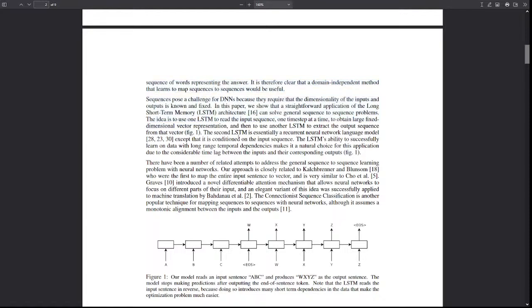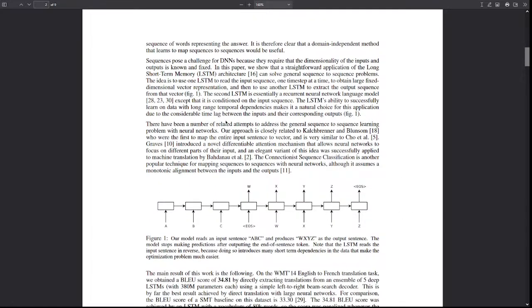The idea is to use one LSTM to read the input sentence one time step at a time. What is that? And then use another long short-term memory architecture to extract the output sequence from that vector. Here's Figure 1.